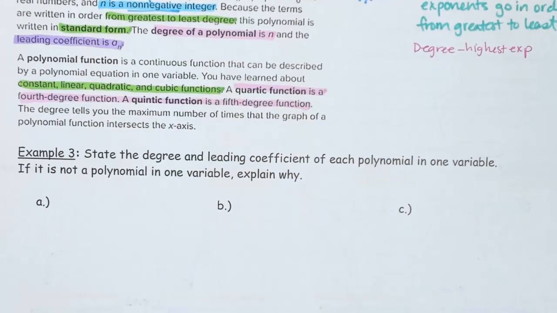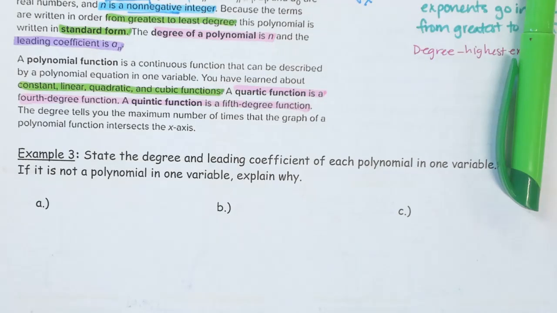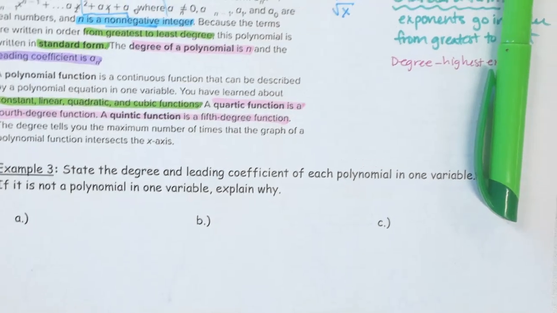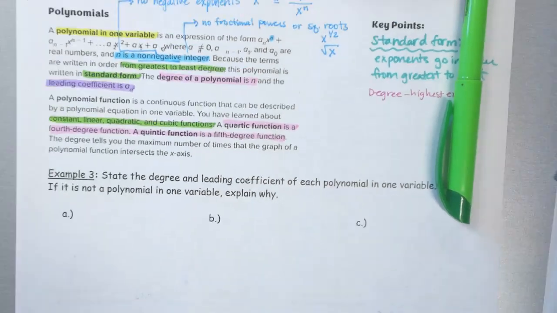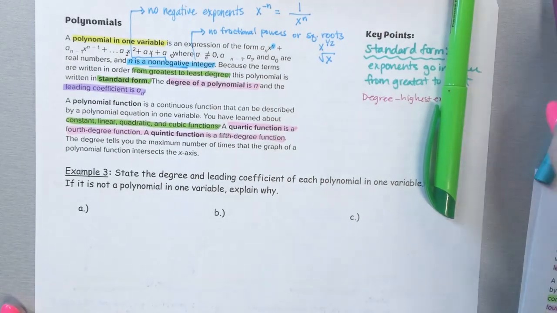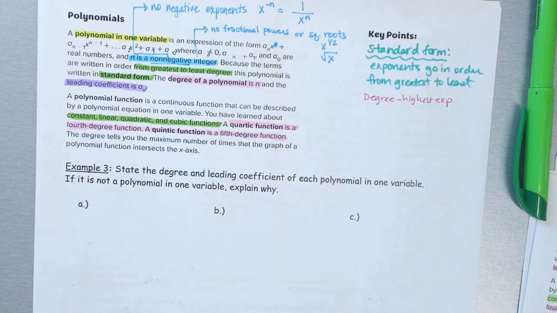And quintic, I grew up with a toy called Quintuplet Surprise. There were 5 babies that came in there, and the surprise is if it was a boy or a girl. So if you have 5 kids at one time, they're called quints. So a 5th degree polynomial is quintic.